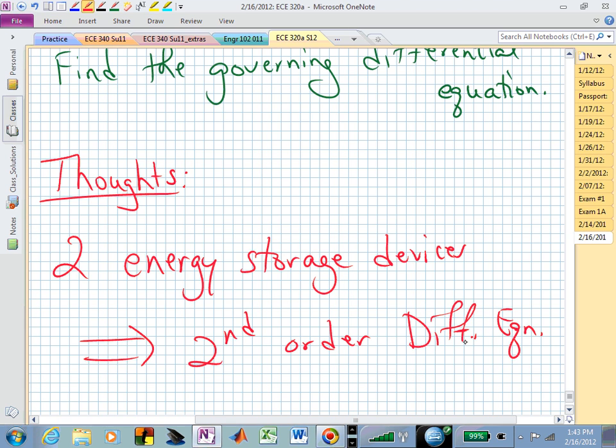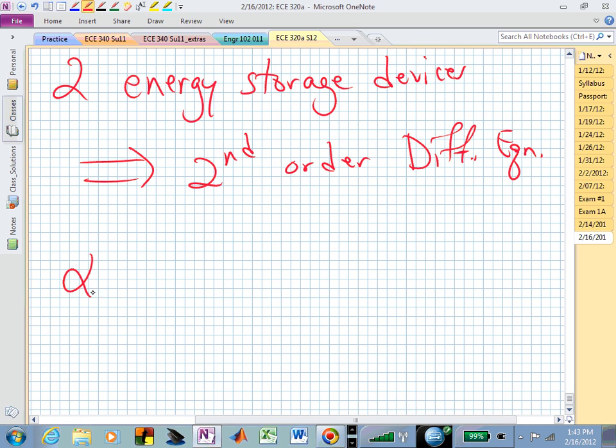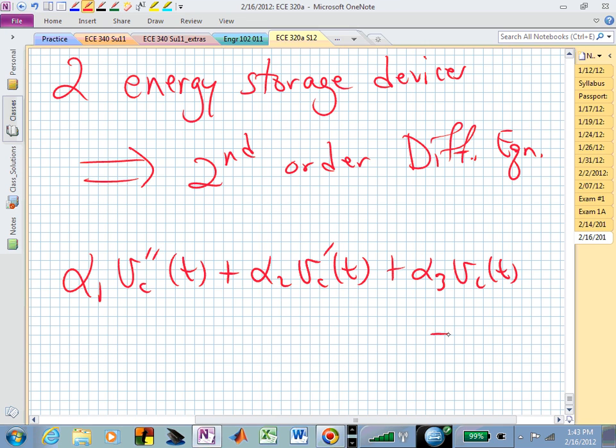So now we should expect a second order differential equation which might look something like alpha 1 V sub c double prime of t plus alpha 2 V sub c prime of t plus alpha 3 V sub c of t equaling, let's say, beta V of t. And what do the alphas and the beta include? The L's, the R's, and the C's. Okay? So that's what we should have maybe ended up with.